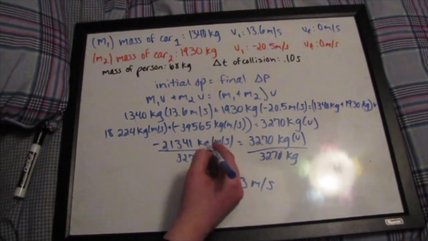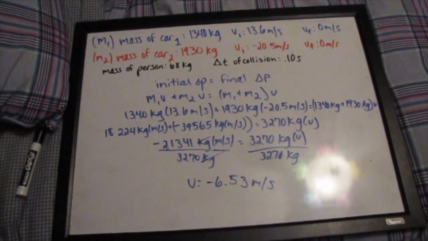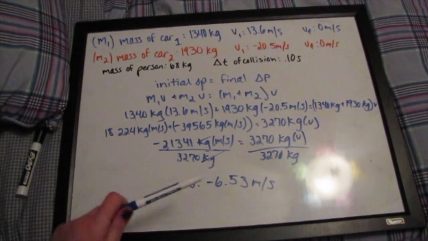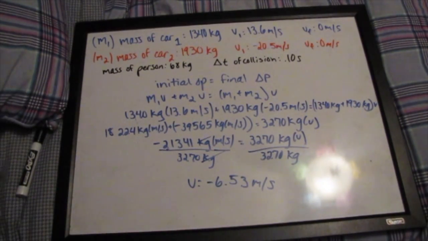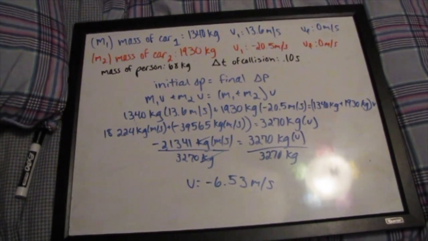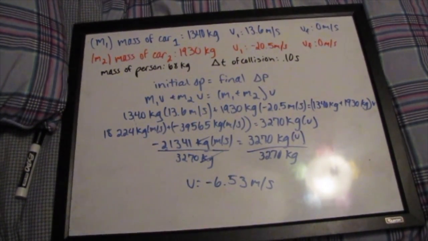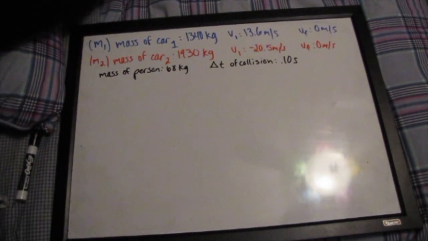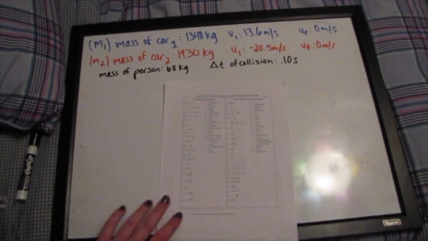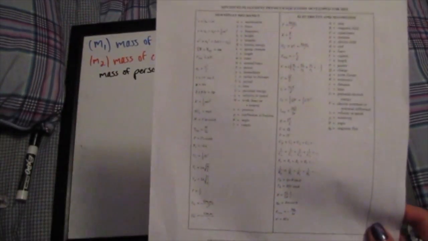We get this label because these two cancel, and now we have solved for the velocity. And now we are going to plug this into an equation to find force using momentum. Taking a look at our equation sheet that we are going to have on the AP test, that is where we are going to find all of the useful equations that we are going to use to solve our problems.